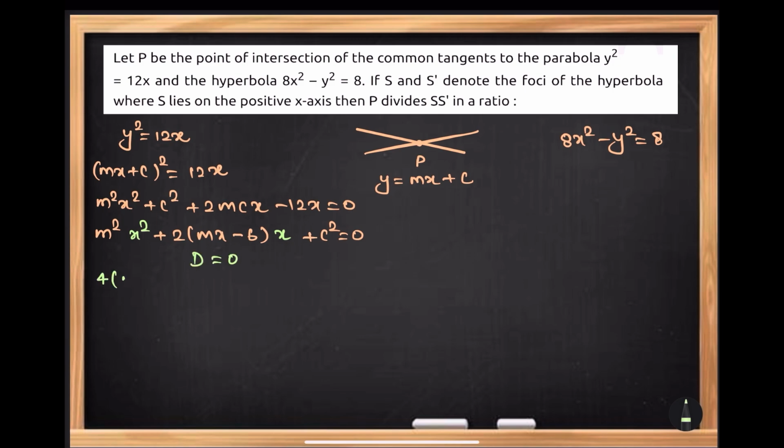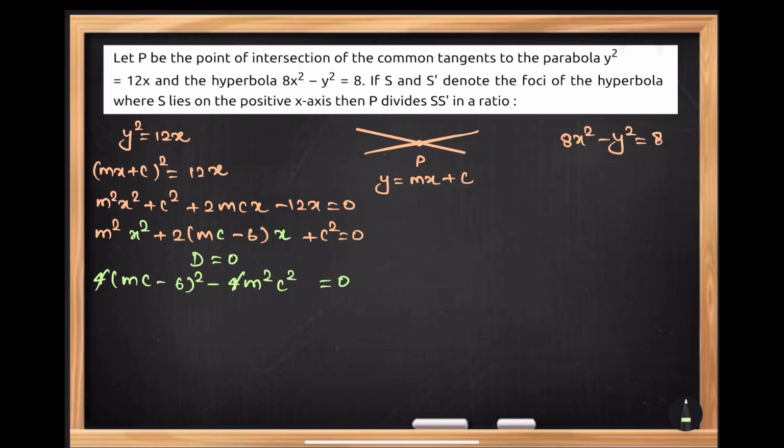So b square minus 4ac equals 0. Here we have mc. Now let's divide both sides by 4.